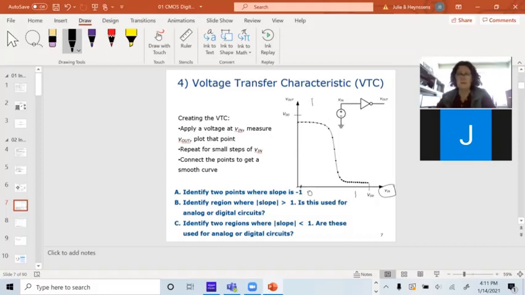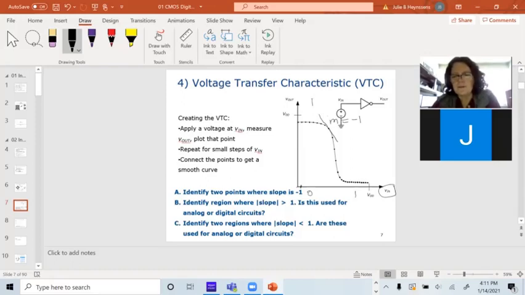Now, there are 2 places on here that we really tend to look at: the transition between when it's really acting digitally and when it's not. The way a lot of people define this is they look for 2 places on the curve where the magnitude of the slope of this line is -1.